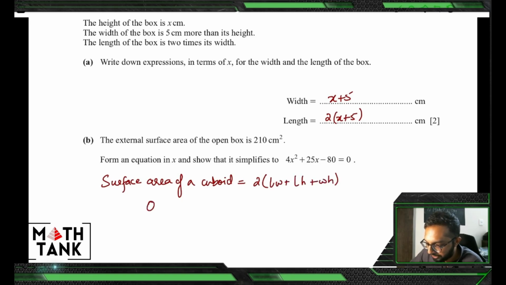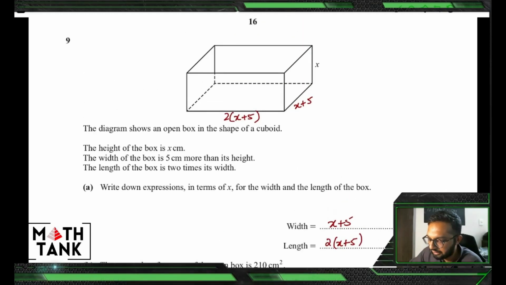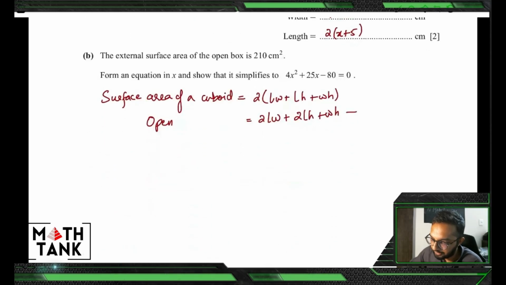But when it's open, let's just subtract 1 times the area at the top. So what would be the area at the top? This is the length, this is the width, this is the length, this is the width. So I would subtract 1 LW. So it's going to become LW plus 2LH plus 2WH, sorry, 2WH.